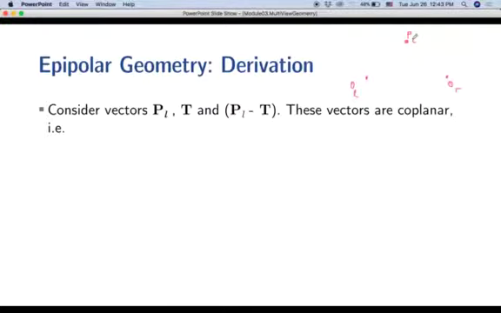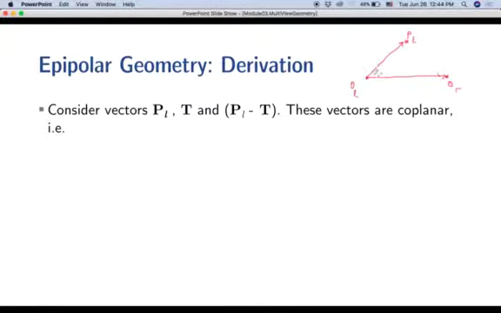I'm looking at this vector Pl from the left coordinate system. So where is T? T is this vector Or minus Ol.